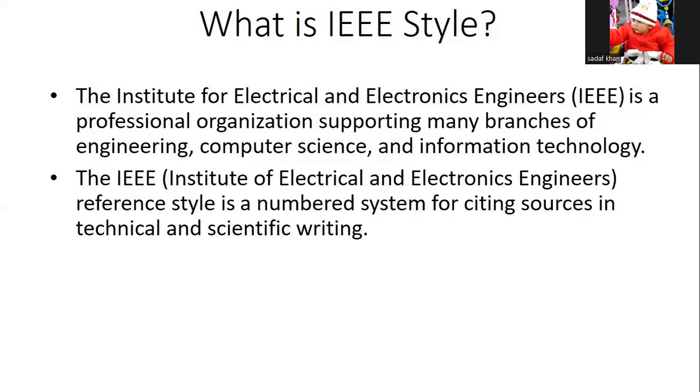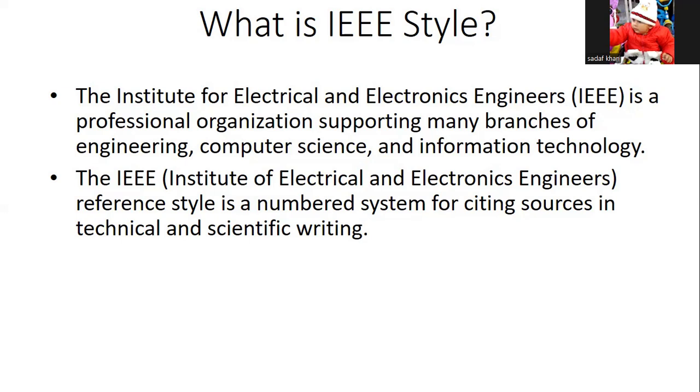IEEE, the Institute of Electrical and Electronic Engineers, refers to its style as a number system for citing. Before this, if we take the example of Chicago style or APA, in those styles we do not use numbers, there we use alphabet.